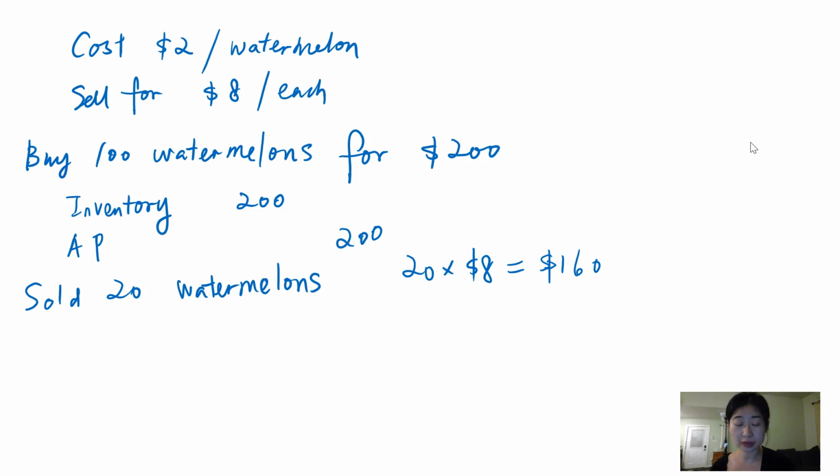Now, if the customers paid us in cash, we would use cash. If the customers paid us on credit, we would use accounts receivable. So let's assume that this is one customer who bought 20 watermelons from us on credit. Now, this on credit is not with credit card. Credit card is something else.